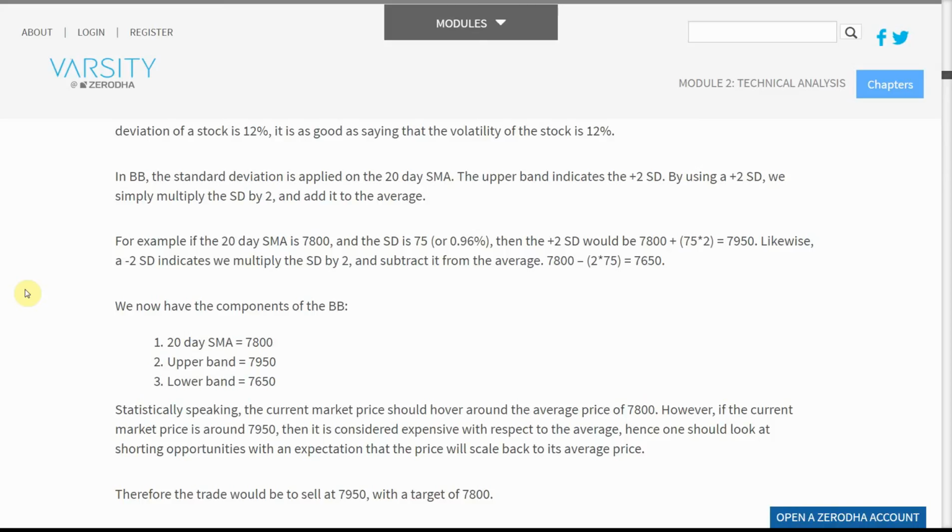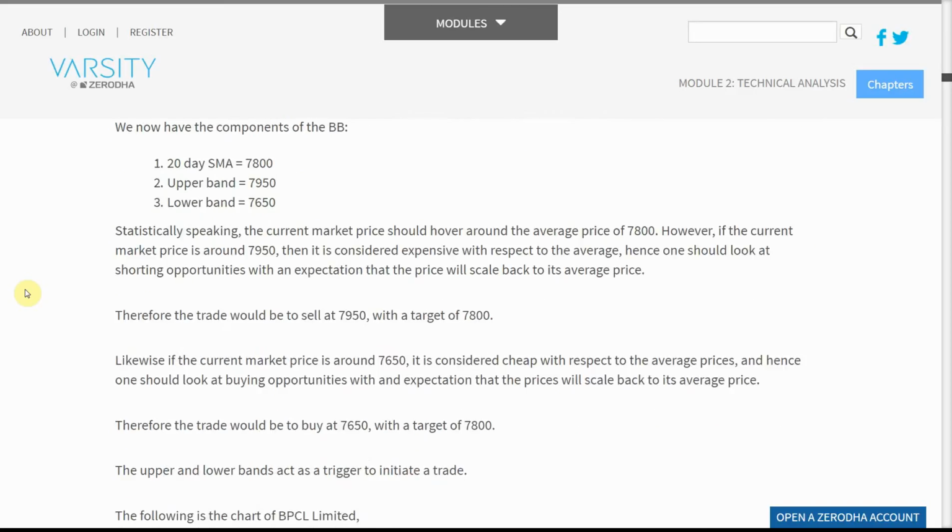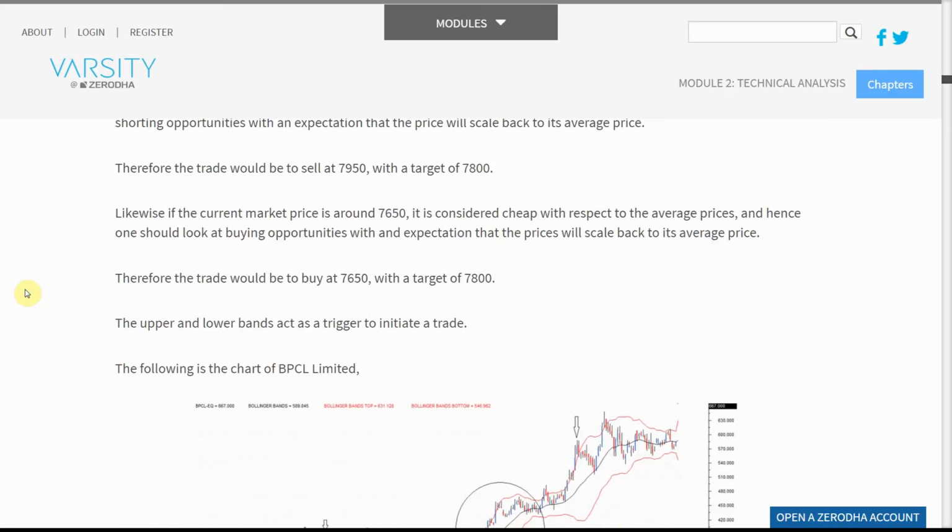However, if the current market price is around 7,950, then it is considered expensive with respect to the average. Hence, one should look at shorting opportunities with an expectation that the price will scale back to its average price. Therefore, the trade would be to sell at 7,950 with a target of 7,800.